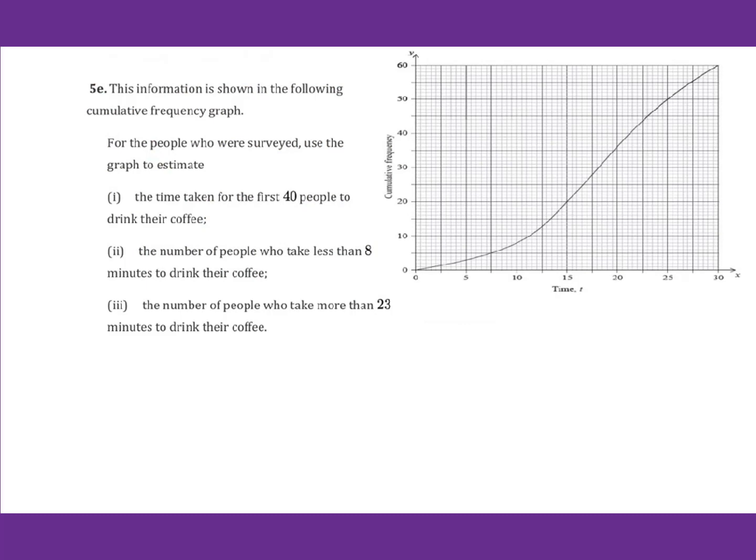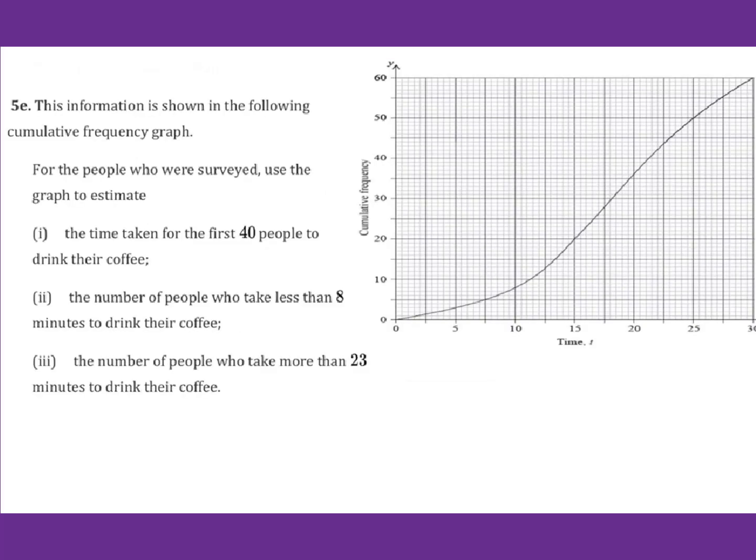This information is shown in the following cumulative frequency graph. For the people who were surveyed, use the graph to estimate, for number 1, the time taken for the first 40 people to drink their coffee. 40 is here. So if you draw the horizontal line, you could see it's between here.